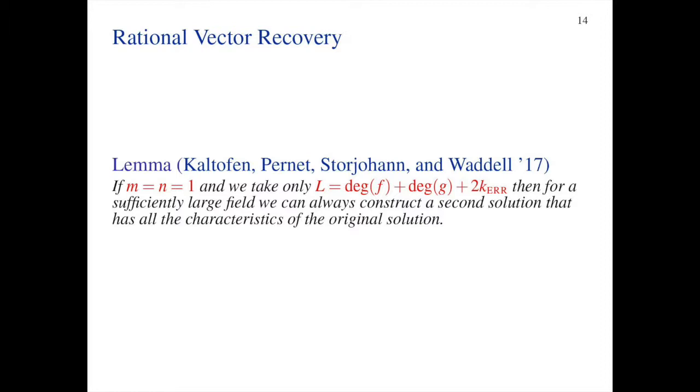What do you mean by all the characteristics of the original solution? So the degree of the polynomial, the degree of the denominator, how many errors are in the solution.